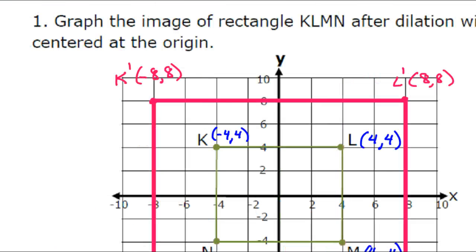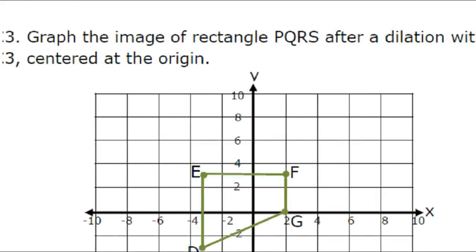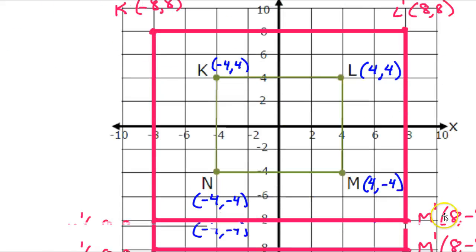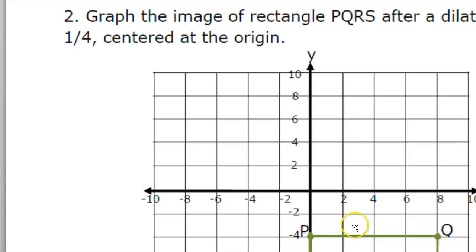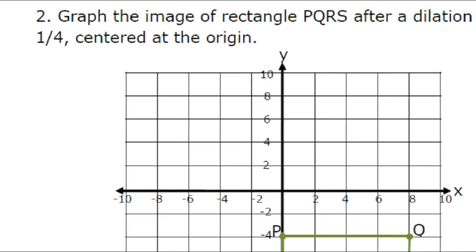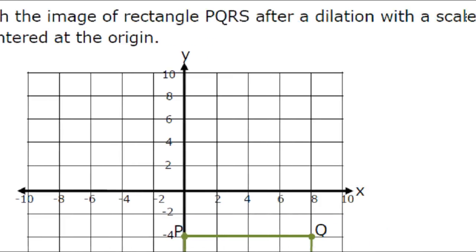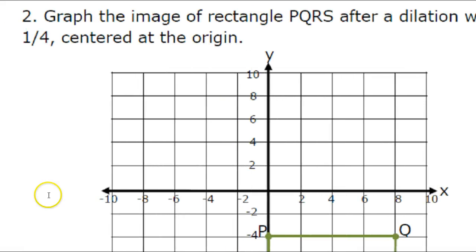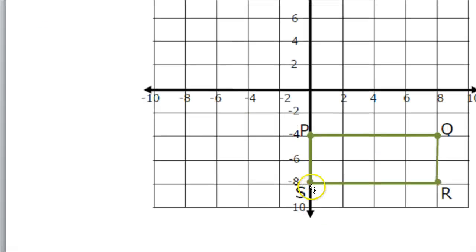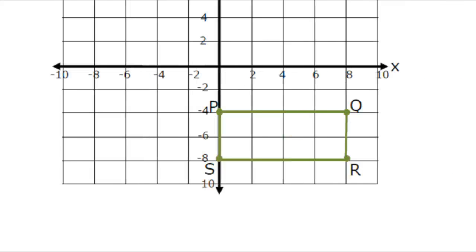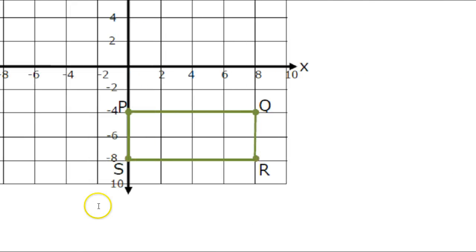Let's move on to number 2. Whoops, that's number 3. Number 2 must be down here. For this one, we are supposed to graph the image of the rectangle after a dilation with a scale factor of 1/4. So we are going to be making this graph smaller. But if we want to be very precise about it, let's look at the coordinates. So Q is 8, -4.